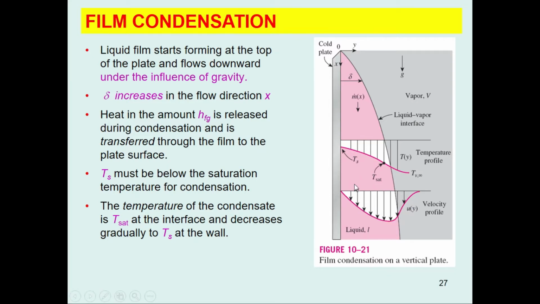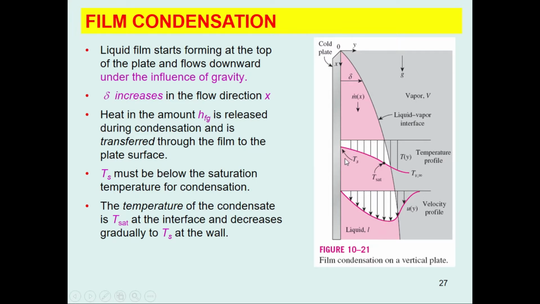The liquid layer adjacent to the solid plate has zero velocity, and as we move away from the solid surface, the velocity of the film layers increases, and at this point it will have the maximum velocity.